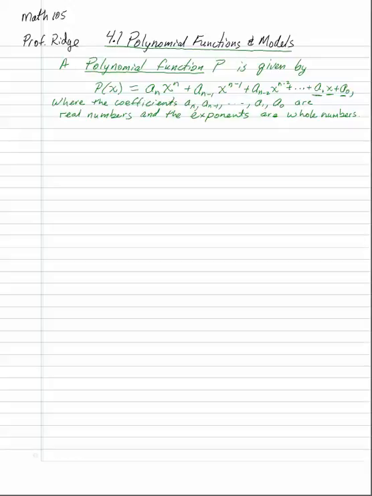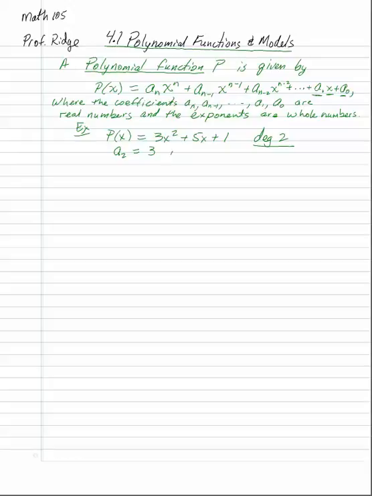So if we had a polynomial, say 3x squared plus 5x plus 1, this is a polynomial of degree 2, and we write it in descending order, and a sub 2 would be 3. Okay, so the coefficient for the x squared term, we denote that by a sub 2.